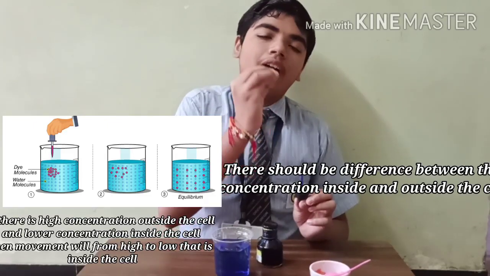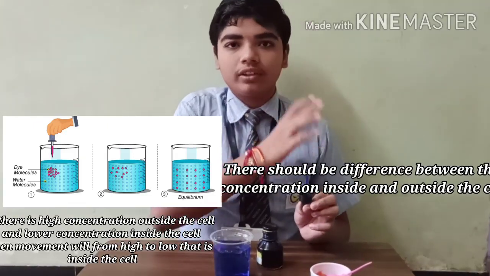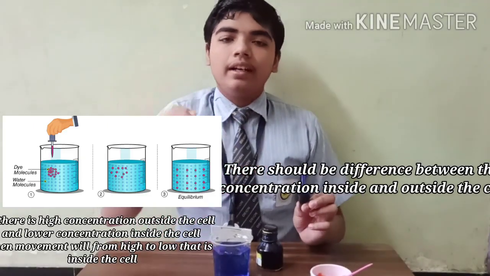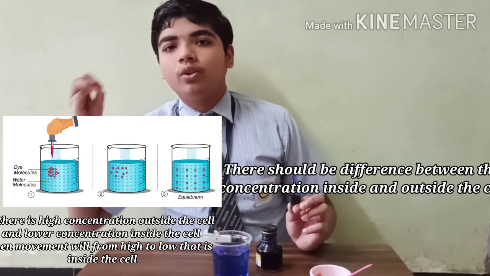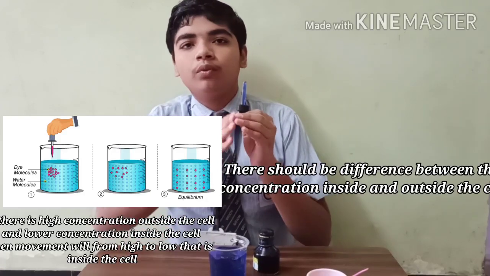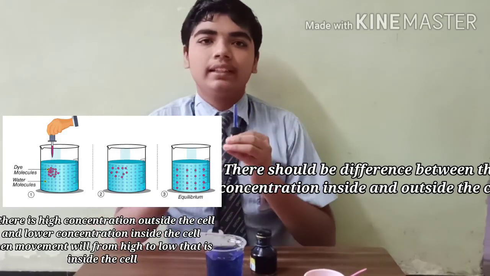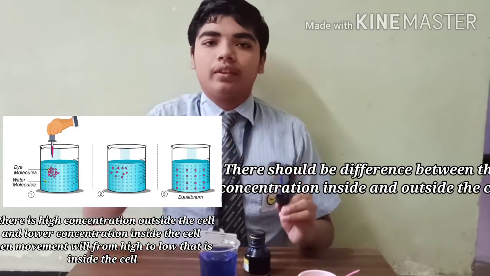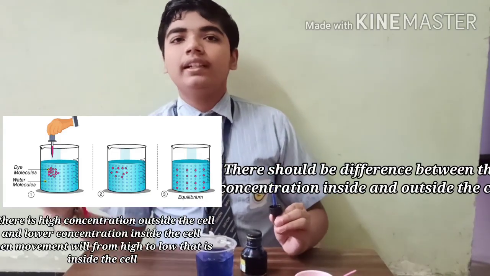If outside the cell there is a higher concentration of molecules, and inside the cell there is a lower concentration of molecules, then the molecules will move towards the inside of the cell. That is, the diffusion will be into the cell.